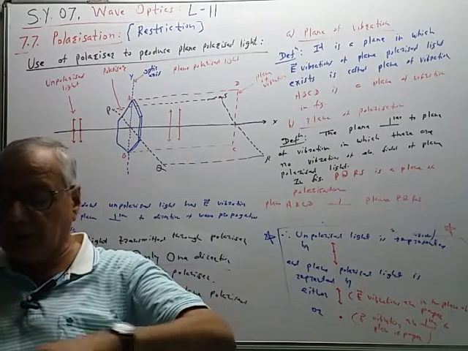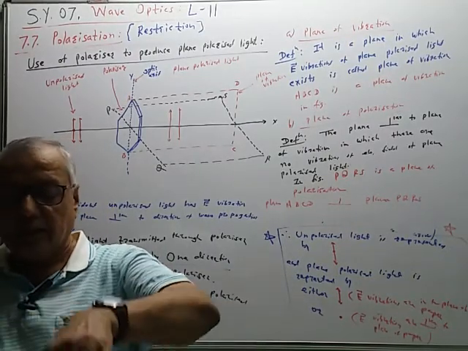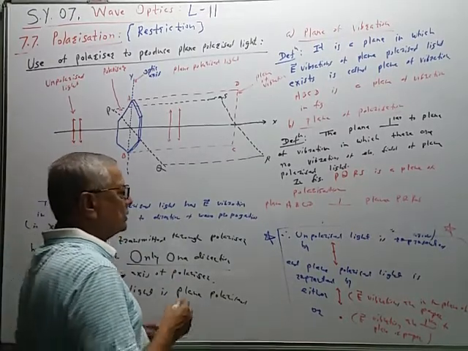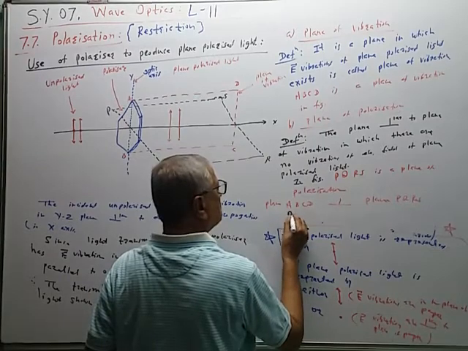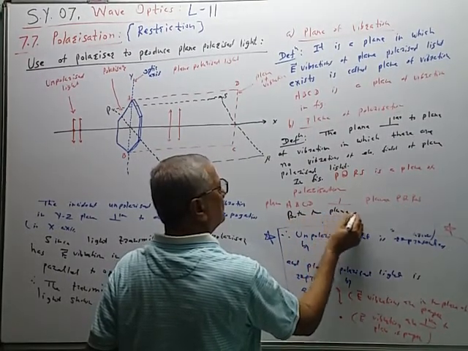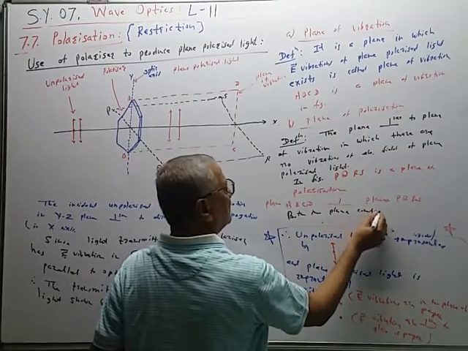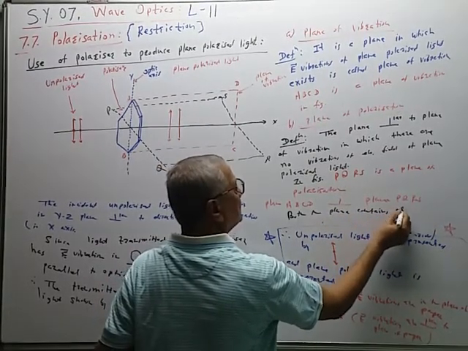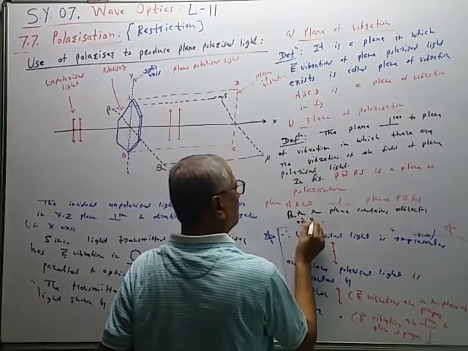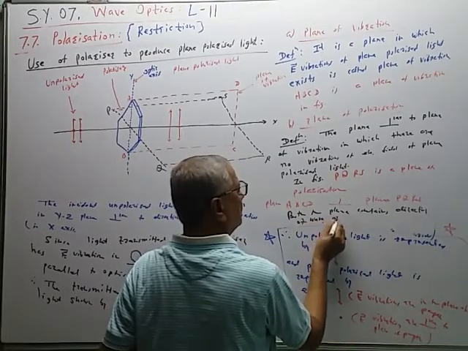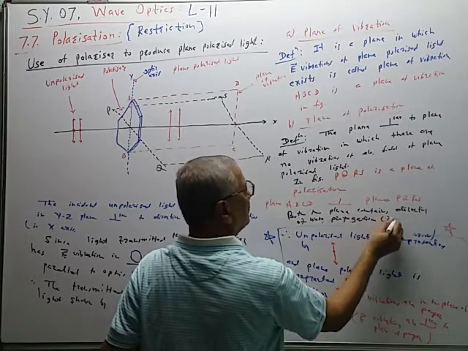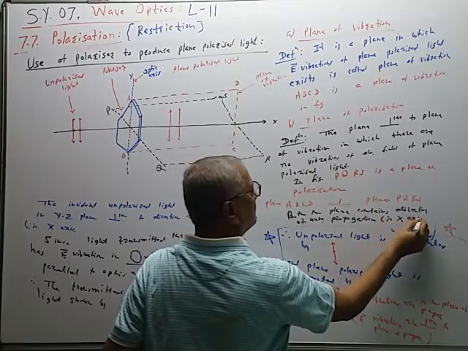Now both the planes contain the direction of wave propagation, the x-axis. Both the plane of polarization as well as the plane of vibration contain the direction of wave propagation. Then in our figure it is the x-axis.